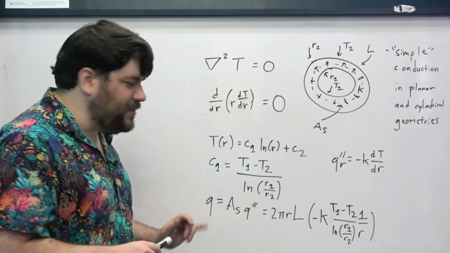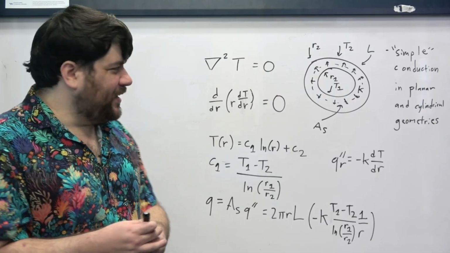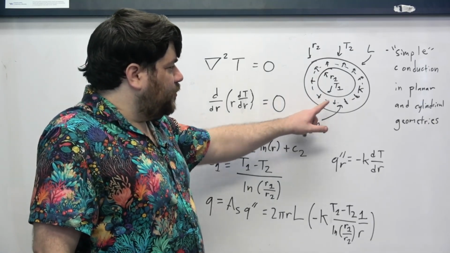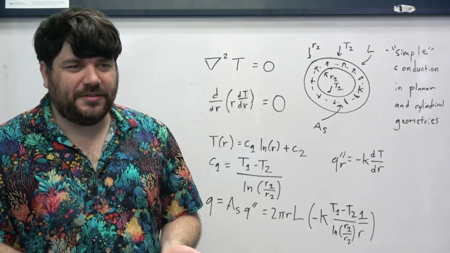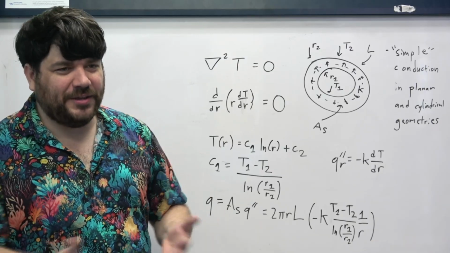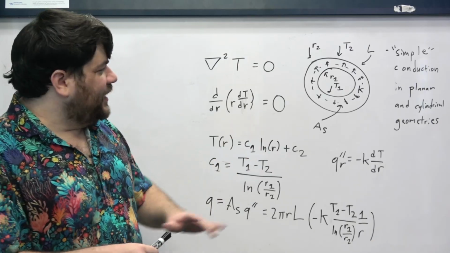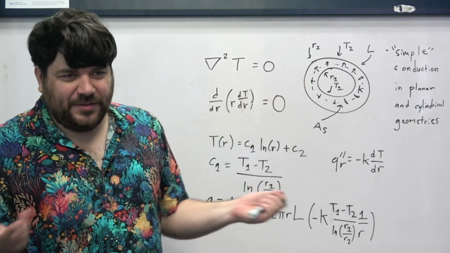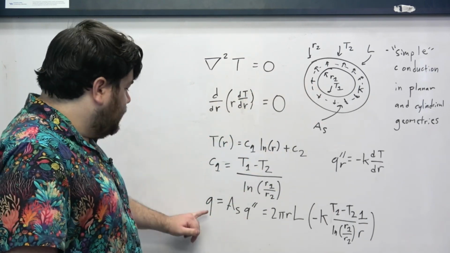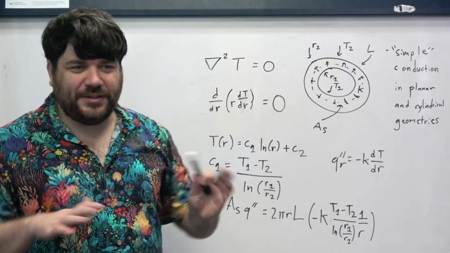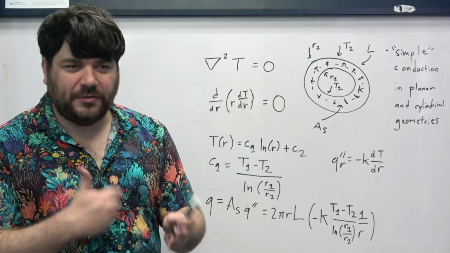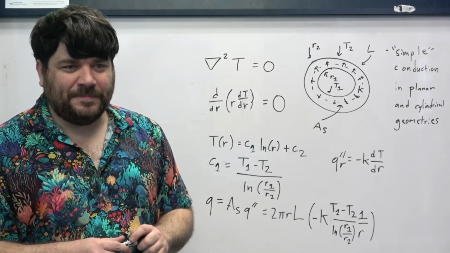However, notice that the Q has to be conserved. Because if I have heat flowing from one place to the other and there's no heat being generated and no heat accumulating inside of any point of the cylinder, because if not, the system wouldn't be in steady state, then of course the Q has to be conserved. The Q is always conserved in systems where we make the 4 assumptions that we just talked about.